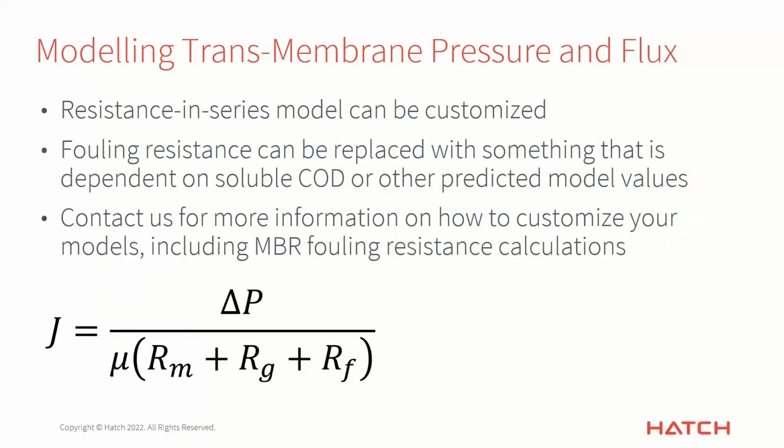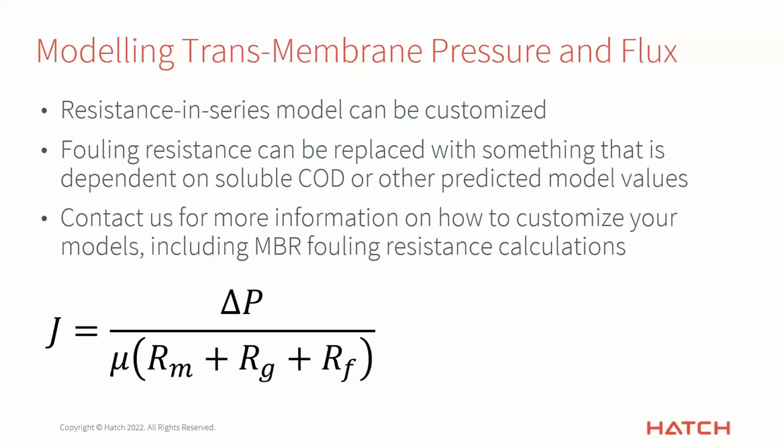Okay, so I did want to mention, if you want to go even one more step, even more complex, that we could take advantage of the GPS-X customization features that allow for this resistance in series model to be actually customized. You could replace some of these terms with something else that's even more interesting and more advanced than what we already have.